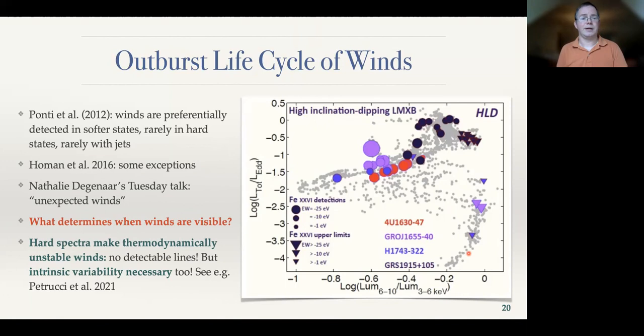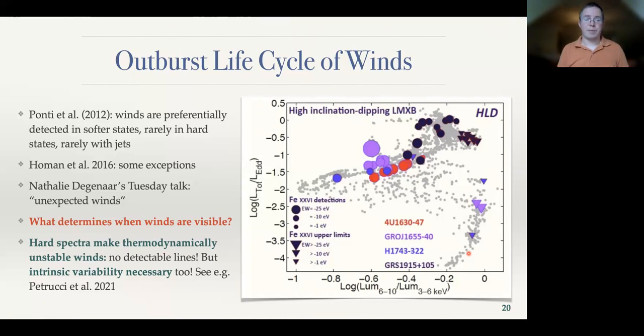And Natalie gave a nice name to this in her talk on Tuesday, calling these unexpected winds. These are winds that don't fit into that pattern, but the number of those observations is growing. And so we have to understand that it's not a clear state line. There's no sharp line that says you will observe a wind now and you won't observe a wind then. So we need to understand what determines when winds are visible.